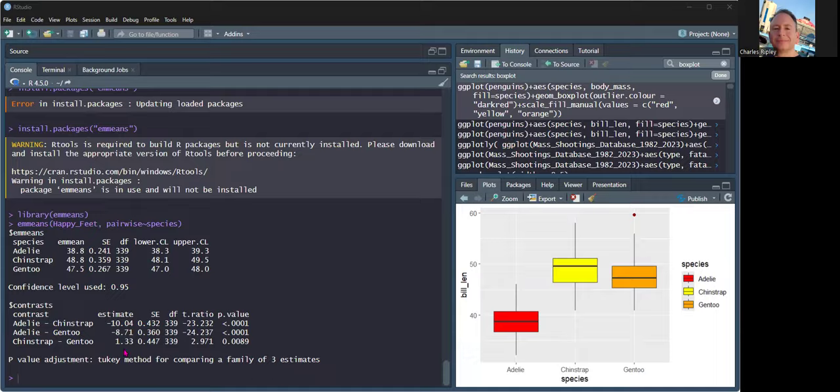The estimate here will reflect the first name in the model. So Adelie is -10 to Chinstrap. Adelie is -8 to Gentoo. And Chinstrap is positive 1.3, which means Chinstrap would be bigger than Gentoo, whereas Adelie is smaller to Chinstrap and Adelie is smaller to Gentoo.